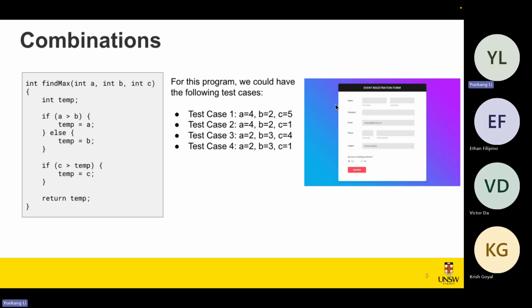That's why combinations can bring diversity and can cover some cases where the software developer may not have thought about, right? So this is combinations for input parameters.